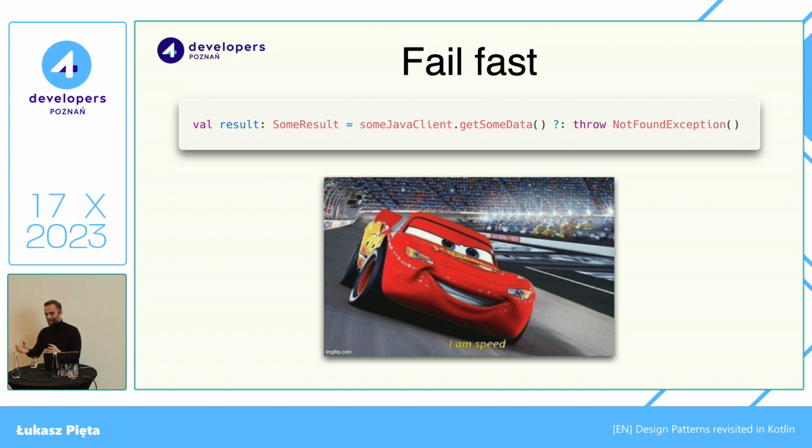They want values there, and there are cases in which we have some nullable types because that's the business logic, right? But if we don't want them, we should fail fast. If some null is the result only because of some integration with some Java library, we should express it very fast in our code. And throwing an exception at an early stage is one of the solutions.